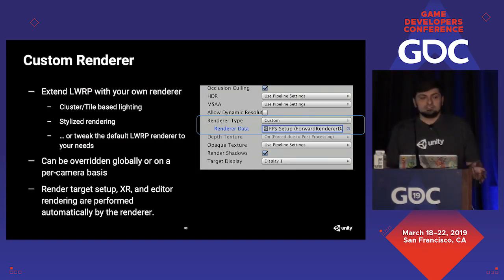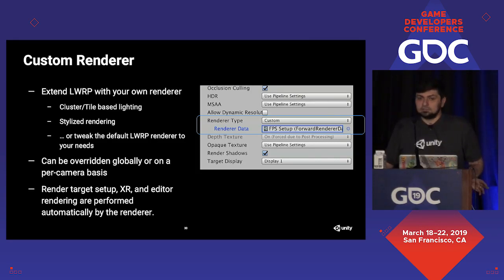But it might be that this is not enough for you, and you want a different rendering solution, and you should not have to create a pipeline from scratch to do this. It might be that you want to do cluster tile-based lighting with compute shaders to compute the light lists, or you want stylized rendering with stylized shadows. Or it might be that your specific game has some restrictions, so you can tweak the current renderers to do something that you need.